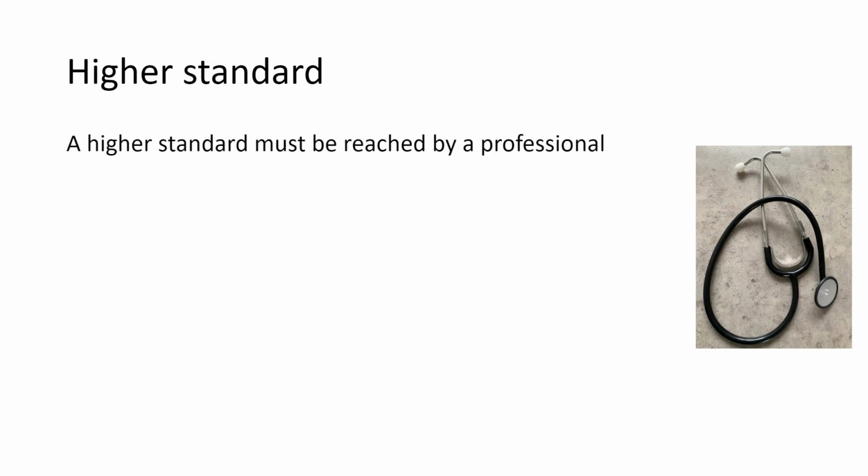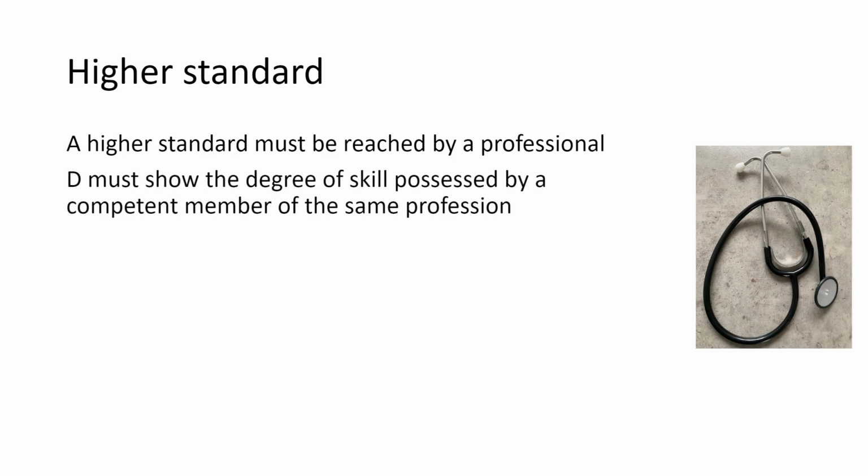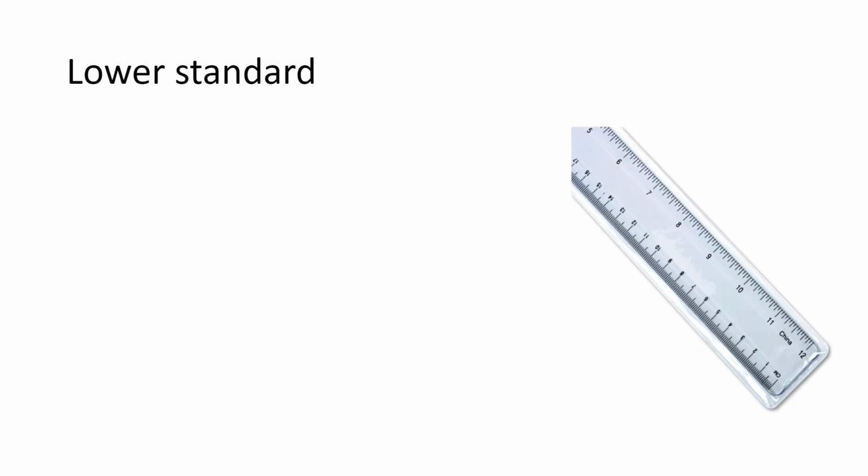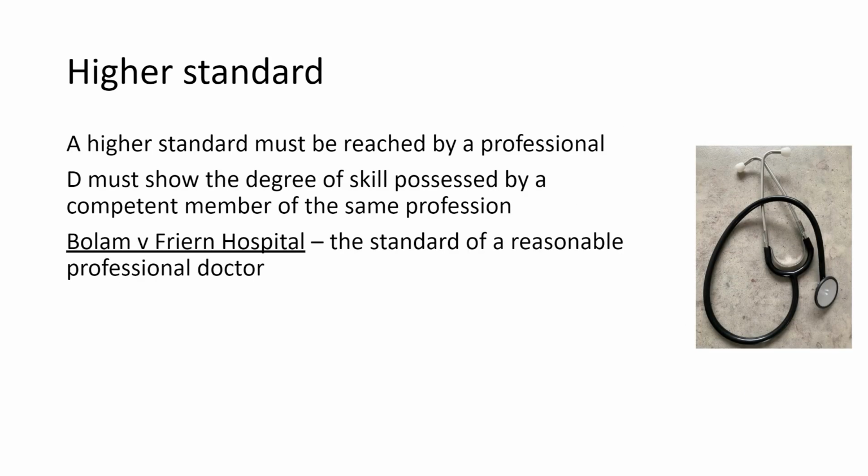So sometimes you will find that there is a higher standard, and that is the higher standard must be reached by a professional. You have to show the same degree of skill as a competent member of that profession. So in Bolam and Friern Hospital, it was the standard of a reasonable professional doctor, and that is something that can be applied to any professional.